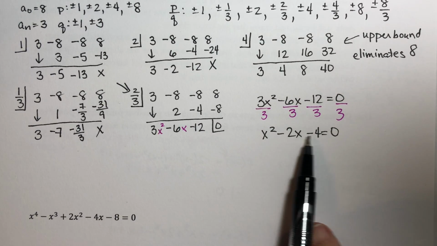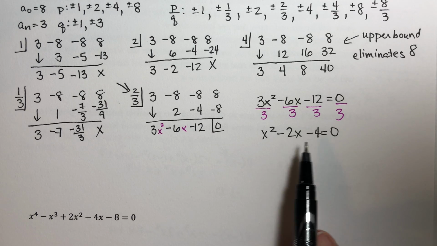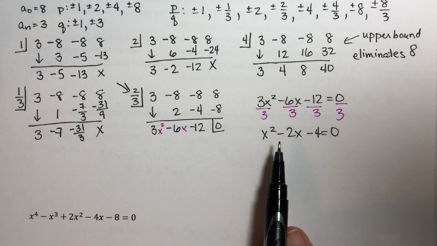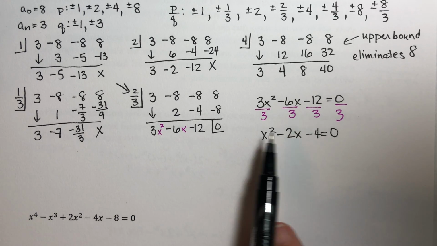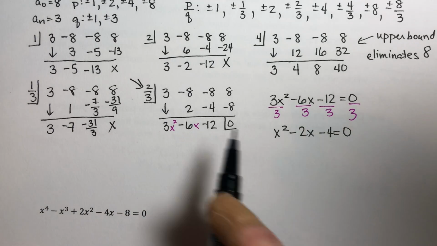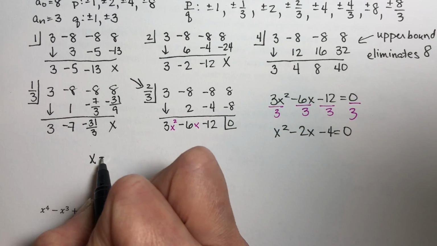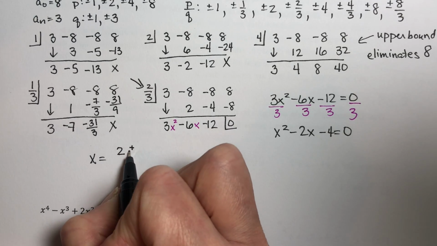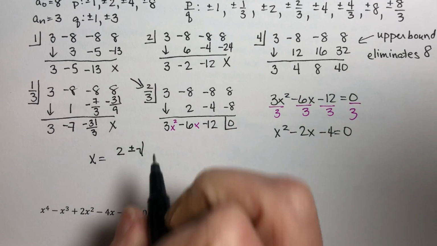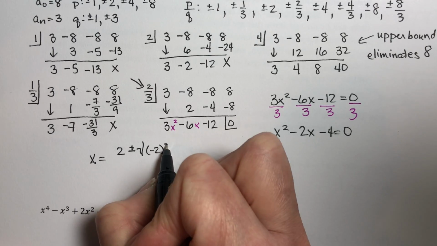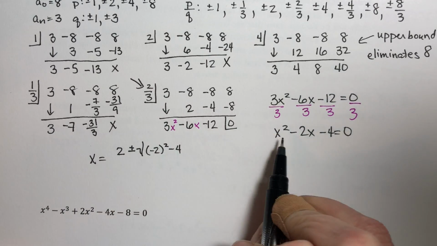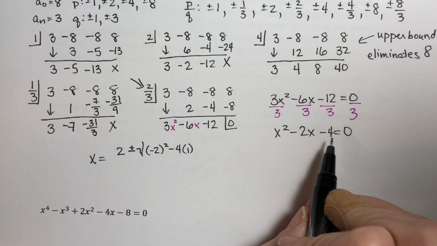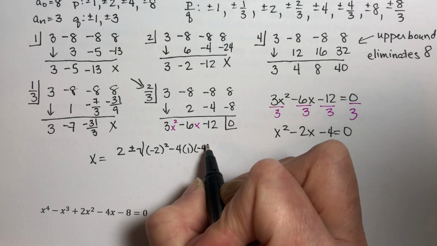This does not factor, okay? And if it does not factor, that means I'm not getting rational solutions from this. I need to go to the quadratic formula, and I get x is equal to -b, so positive 2, plus or minus the square root of b squared, minus 4 times a, which is 1, times c, which is -4.